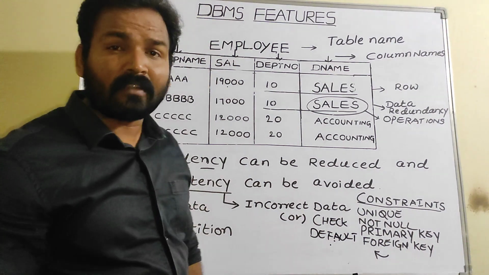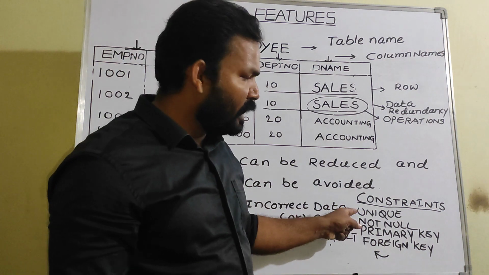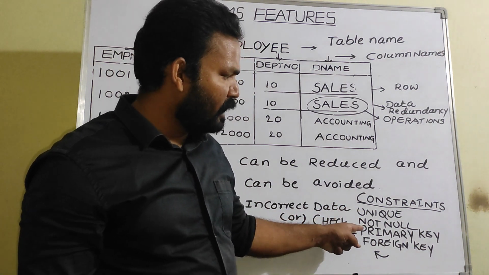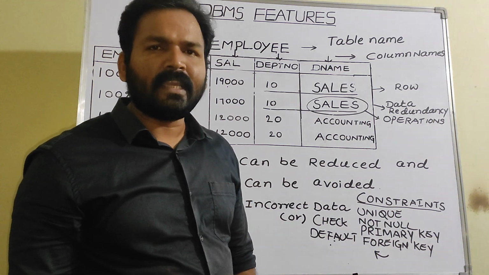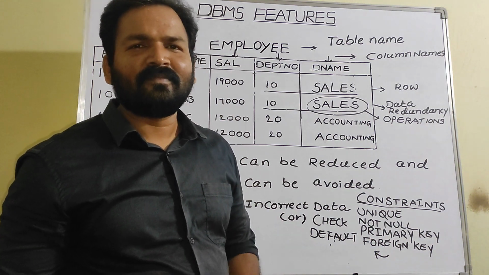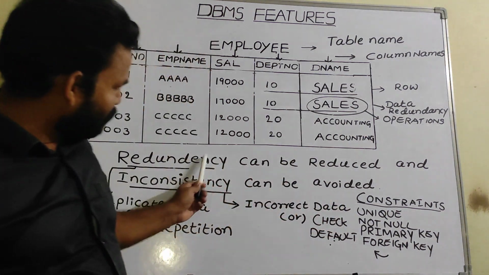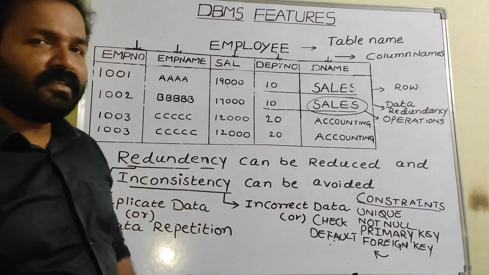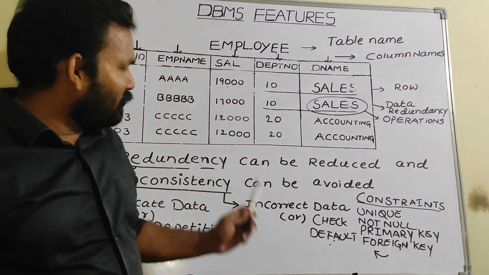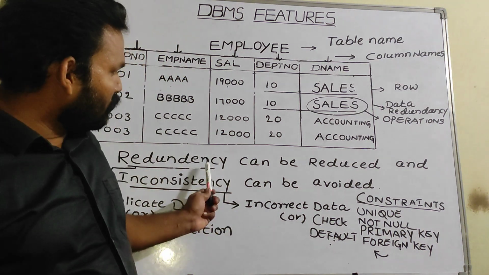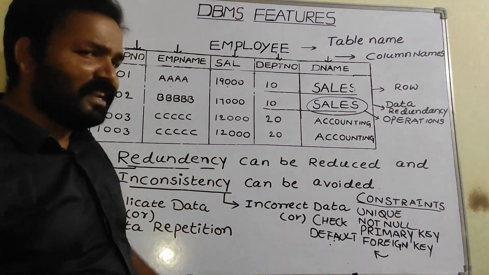All these are constraints in SQL: unique, not null, primary key, foreign key, check, default, candidate key, secondary key. By using constraints we can achieve the first feature. So that is about data redundancy and data inconsistency.